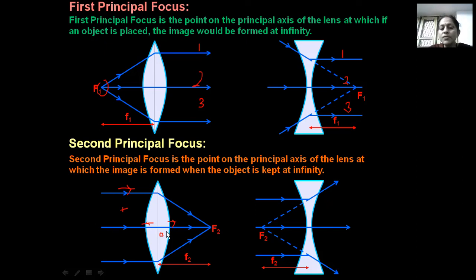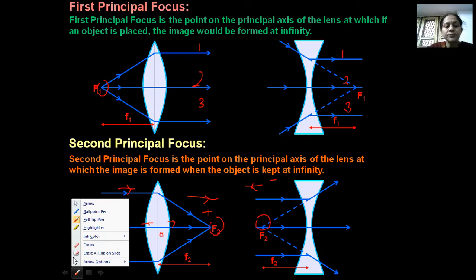Whatever measurement is done along this way will be positive, and whatever is done along the other way will be negative. So f2 is negative for a concave lens and positive for a convex lens. Hence for a convex lens the focal length is positive and for a concave lens it is negative.